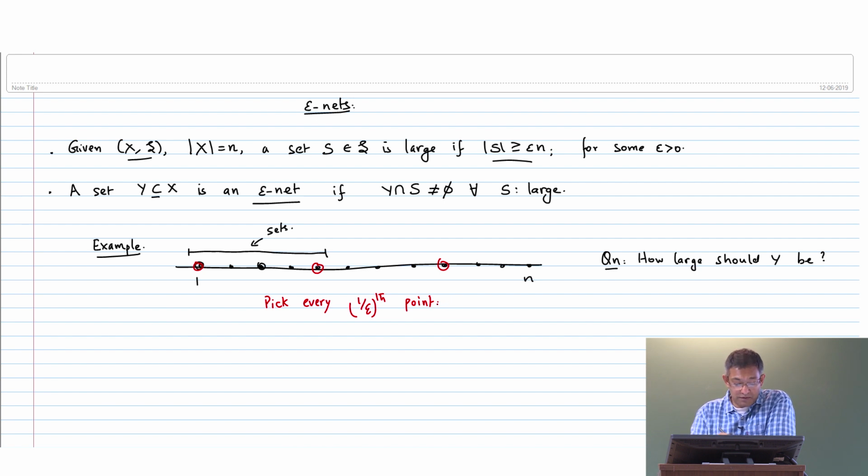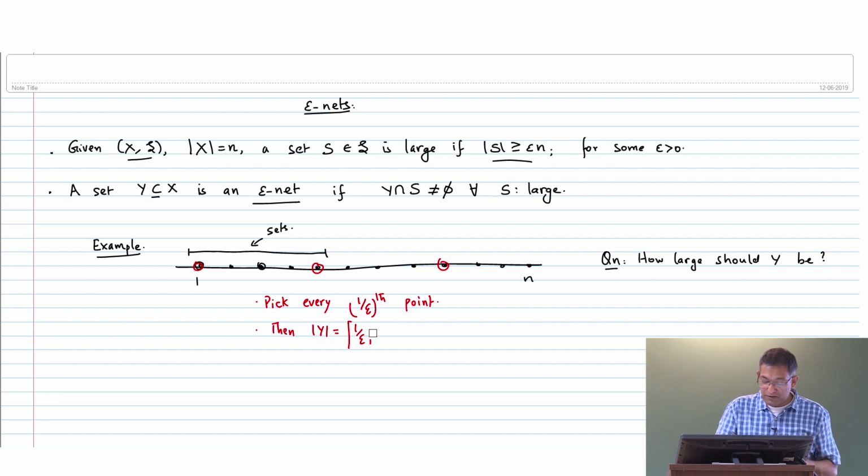So then the size of Y is ceiling 1 over epsilon. I am going to ignore these floors and ceilings and be a bit sloppy and just say the size of Y is O of 1 over epsilon.